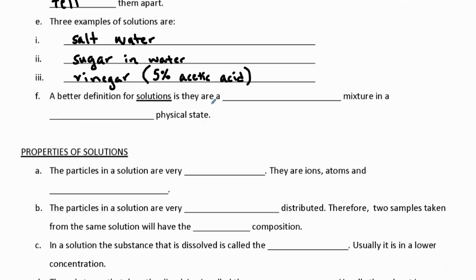So a better definition for solutions is that they are a homogeneous mixture in a single physical state. Okay, so even though salt water is actually made up of a solid in a liquid, when that solid salt dissolves, it's in one physical state, and that's liquid.